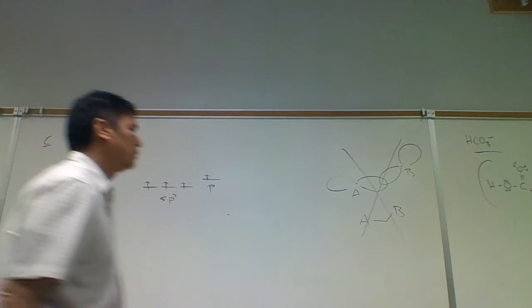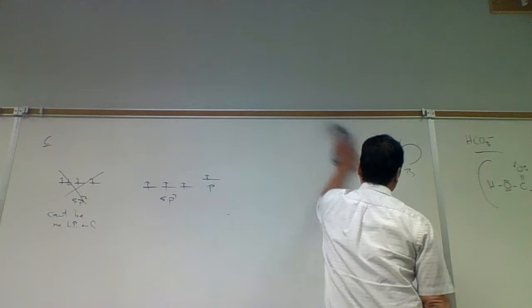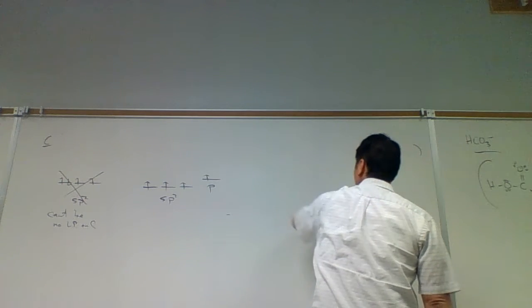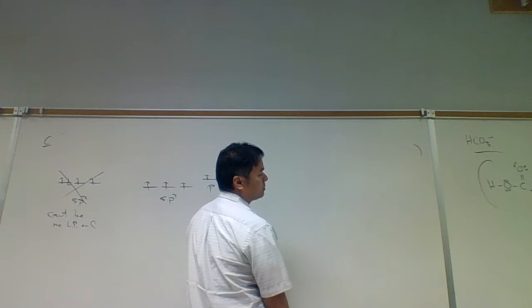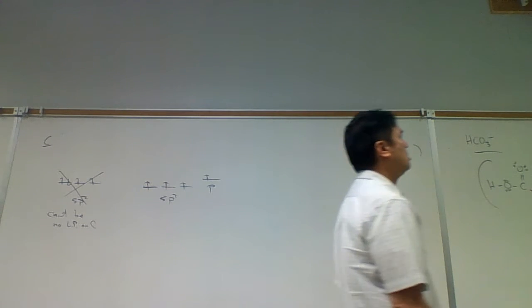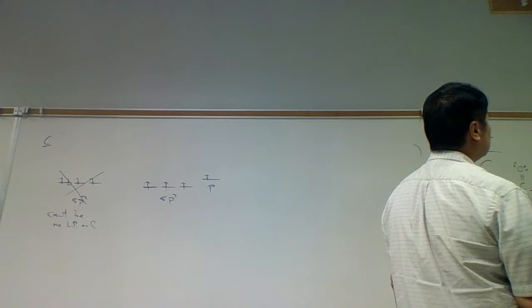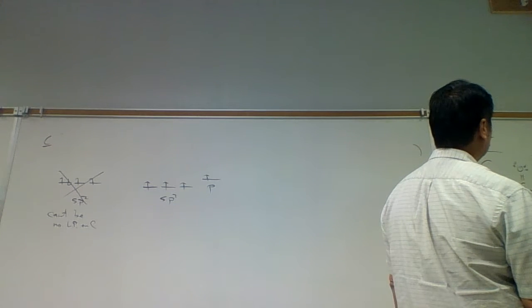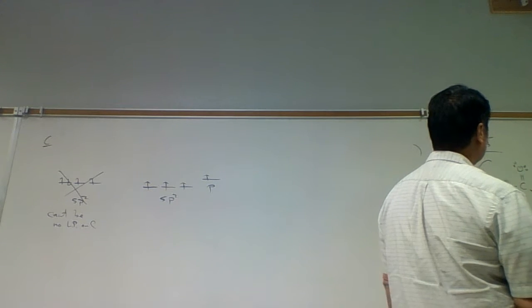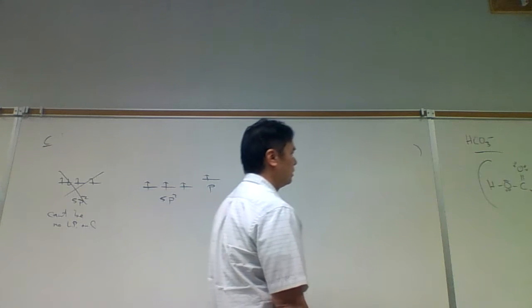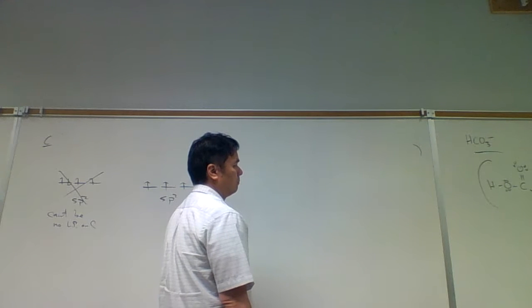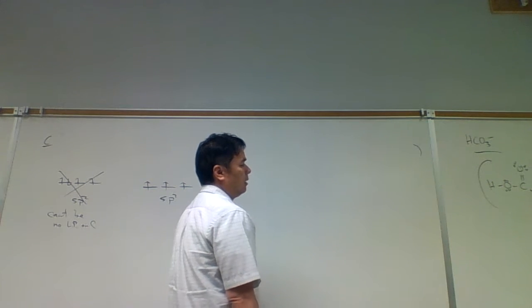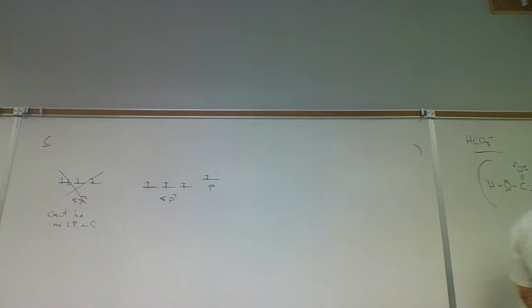And so let's take a look at this. So when we have sp2, there are 2 ways of drawing it, right? Let's see which structure I'm going to draw. I'm going to draw this one here.